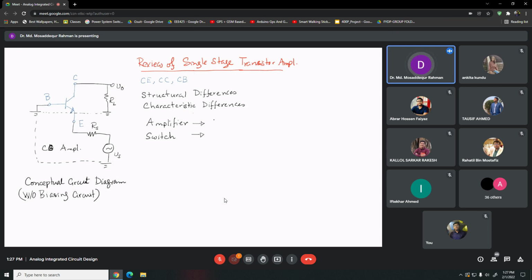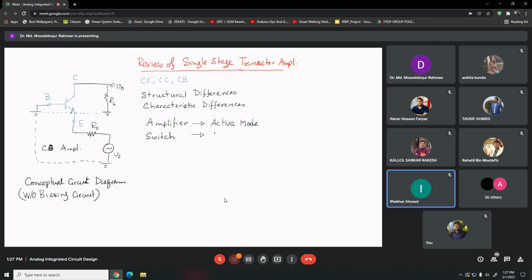So if you want to use this transistor as an amplifier, we have to bias it in active mode. And if you want to use this as a switch, what are the modes for a switch? Cut off and saturation.